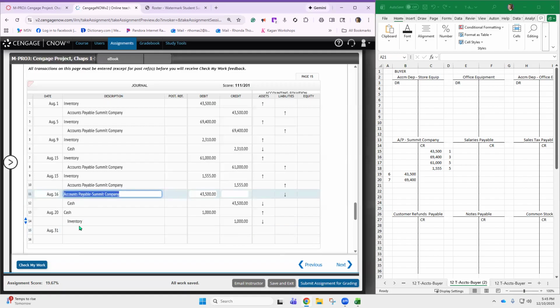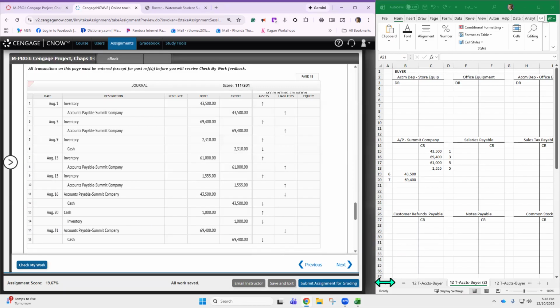Yep, that's whose account is going down, and that is $69,400. And then cash is going down $69,400. Now, if we end up with another buyer entry, guys, then we're probably going to have to combine these two and bring everything up. So I don't really know where we stand with that.